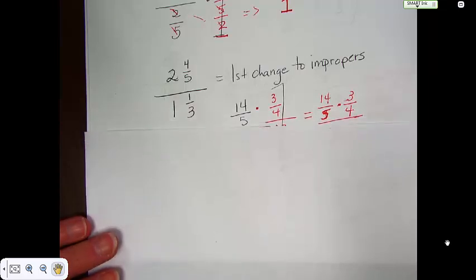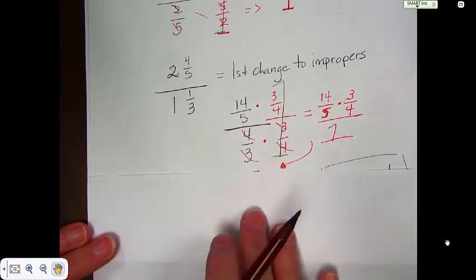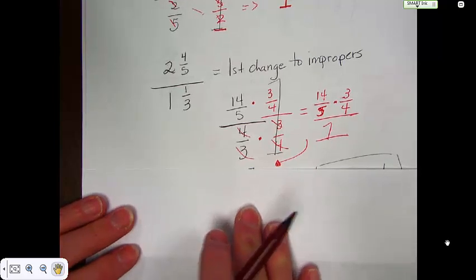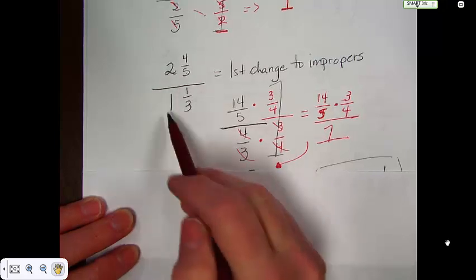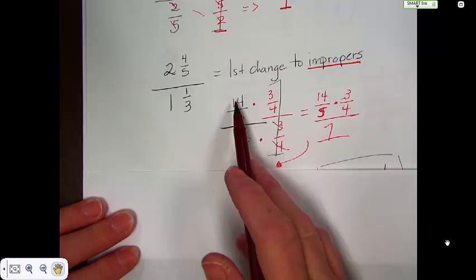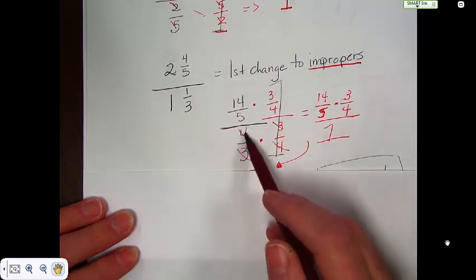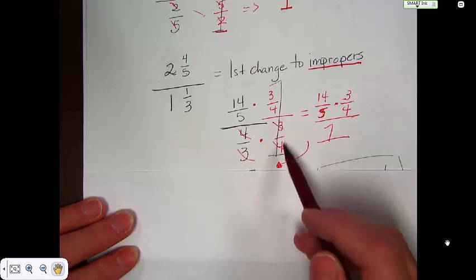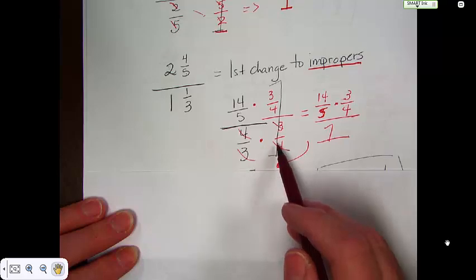Here is another one, and this one starts out with impropers, because you have to take the mixed numbers, change them to impropers, then take the impropers, set them up. What is the reciprocal of 4/3? Well, that's 3/4. So multiply the whole thing by 3/4 over 3/4.